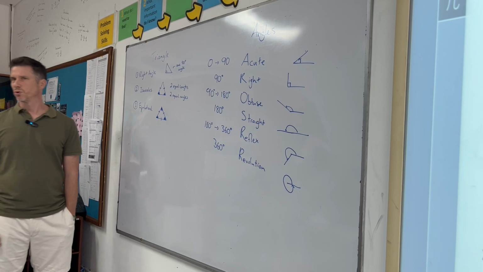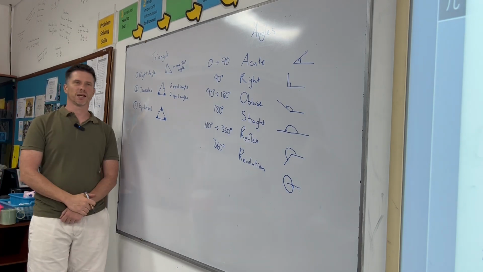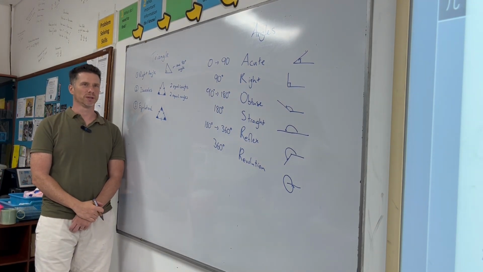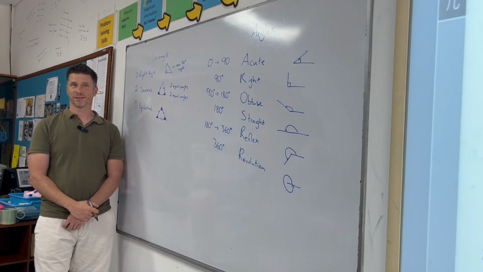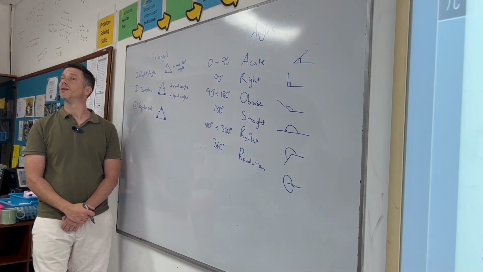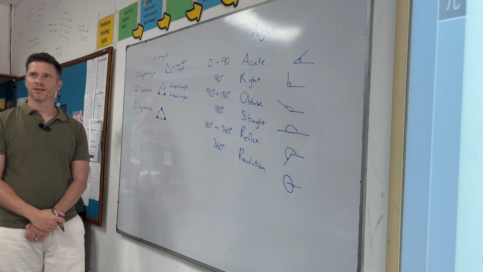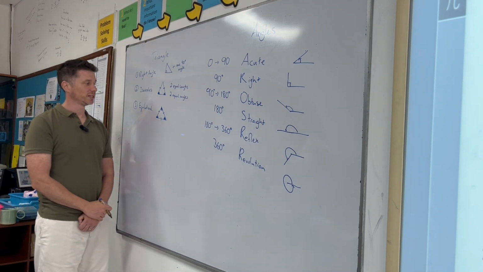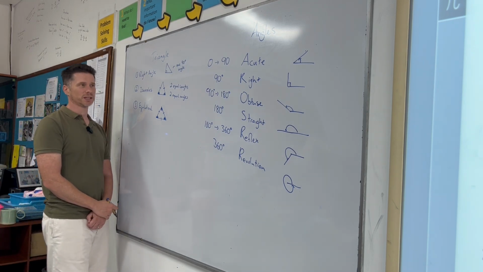What size are those angles? Are you taking this down? You are? Okay. What size are the angles? Teddy? Boom, 60 degrees, yeah. Each of them has to be 60 degrees.